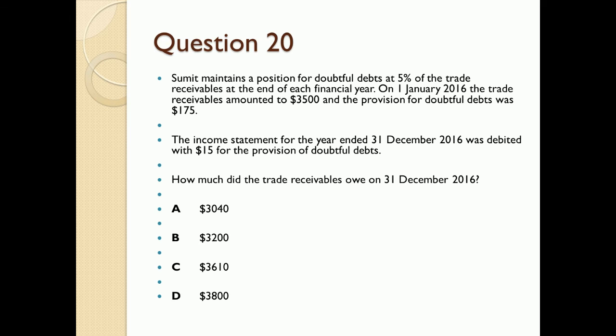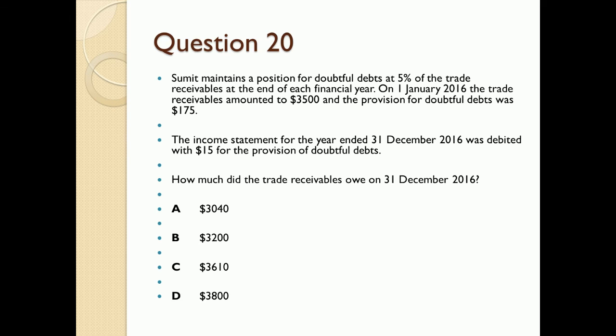Previously you had 175 in that provision, and an additional $15 has been credited there, which is debited to the income statement. So in the provision account now you have 175 plus 15.